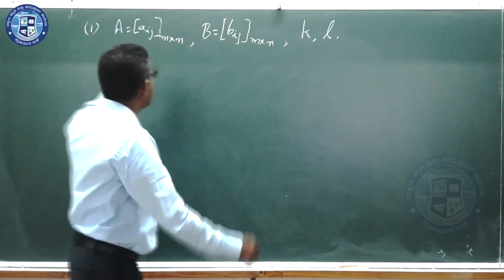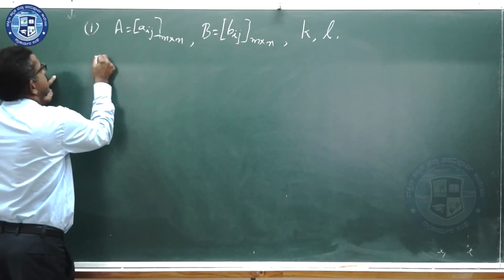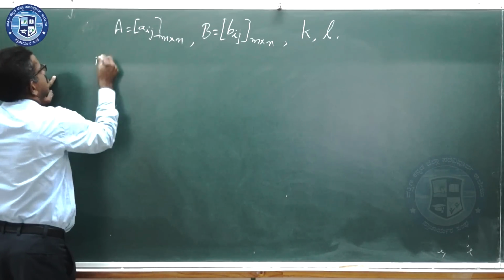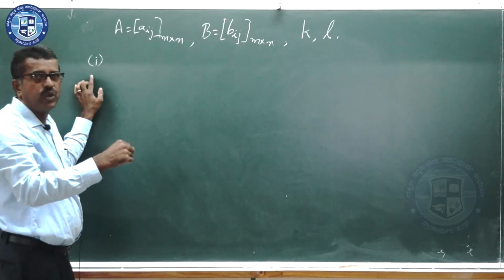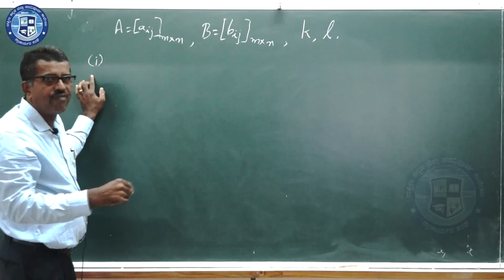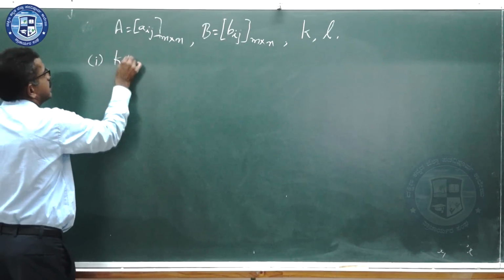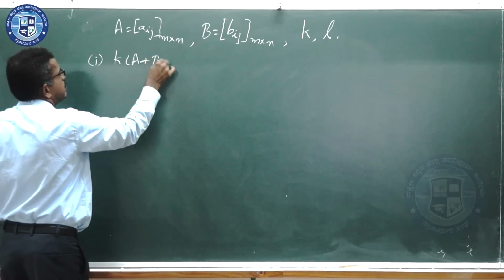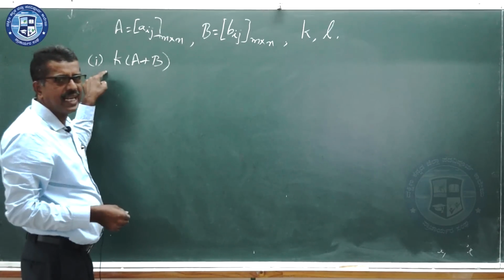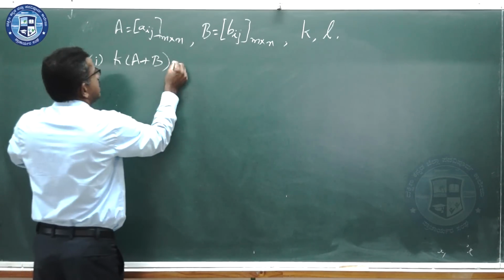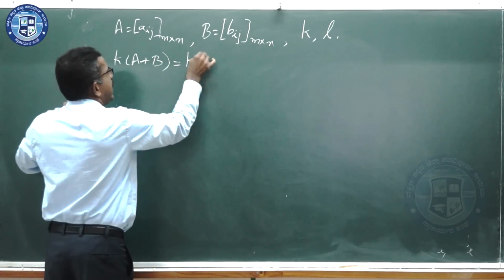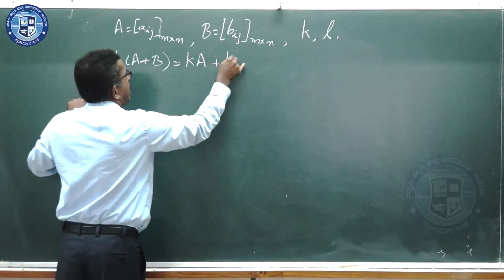Then what would be in such case? First property would be, what is the value of k into A plus B? K is a scalar, A and B are matrices. That will be kA plus kB.